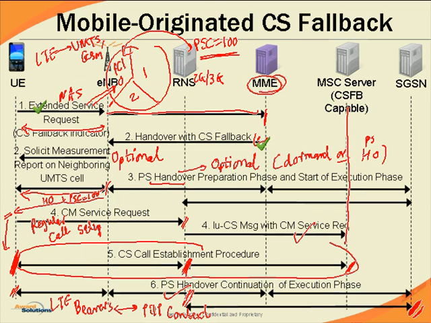So it will work with other nodes, SGW, etc., eNodeB, to suspend the bearers. We will have to release the S1 user plane radio bearer, but we will keep S5.